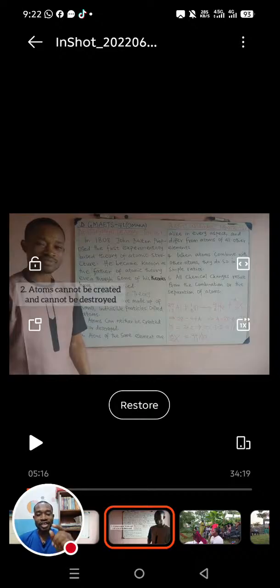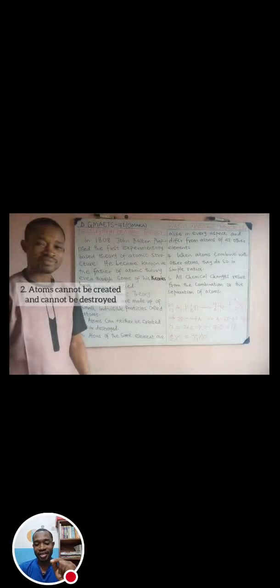So take note, that theory, atoms can neither be created nor destroyed, what modifies it? What modified it is the discovery of radioactivity. Because an examiner can ask you, which of the following modifies Dalton's atomic theory that atoms can neither be created nor destroyed?